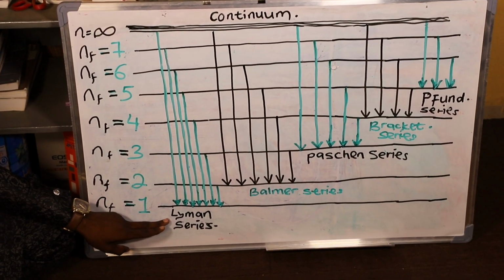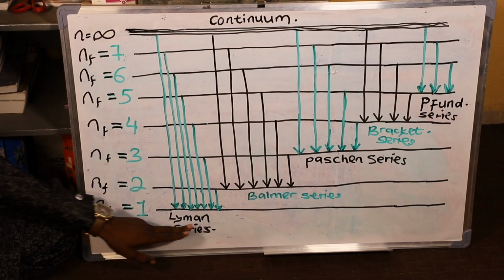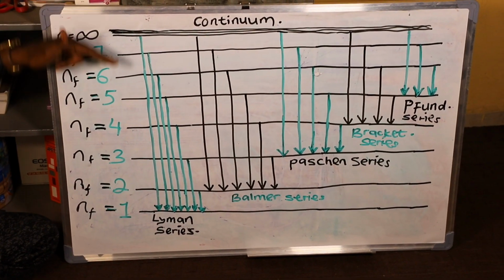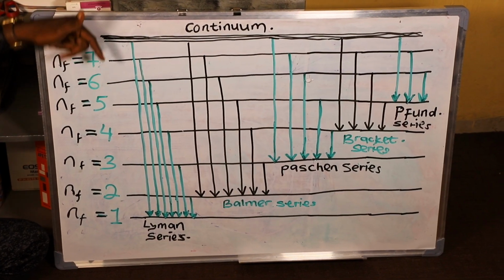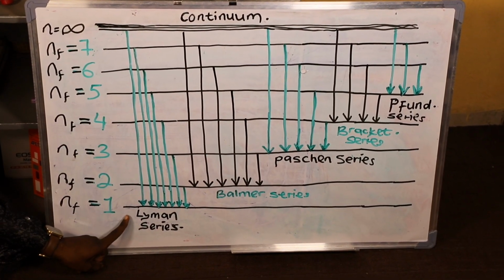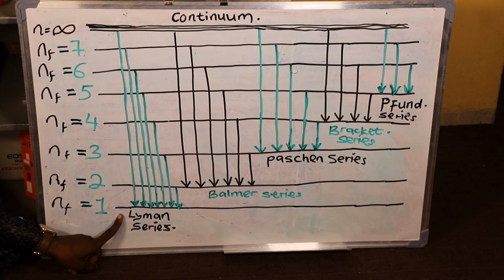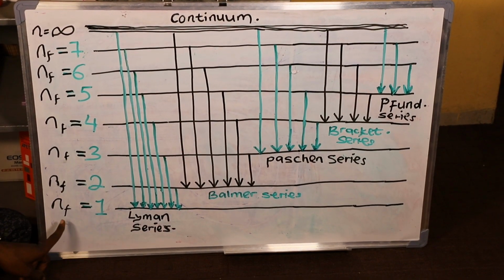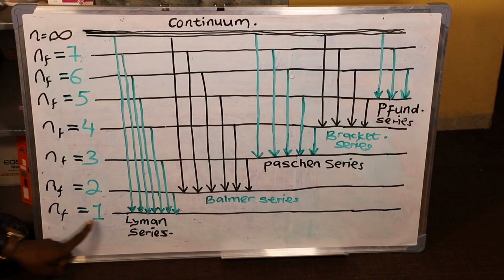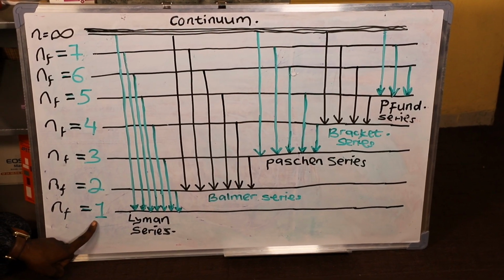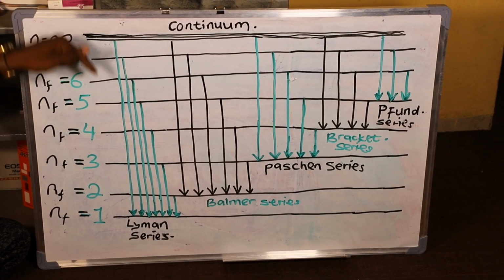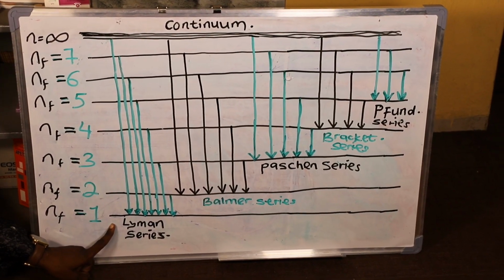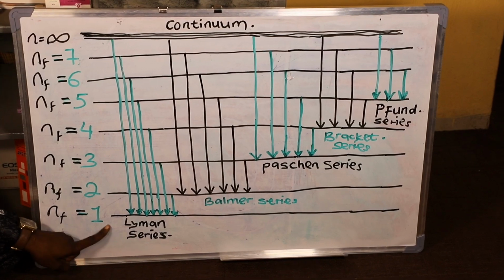The Lyman series shows that for any electron moving from any initial point, let's say it is coming from infinity or other points, the last destination of that electron is the energy level where n is equal to 1. So for the Lyman series, n final is equal to 1.